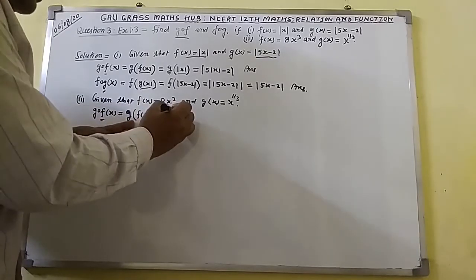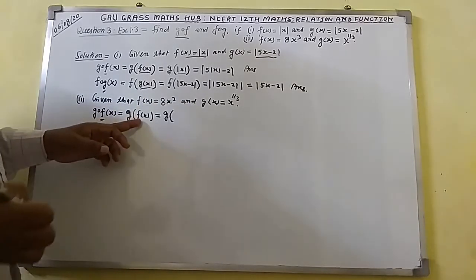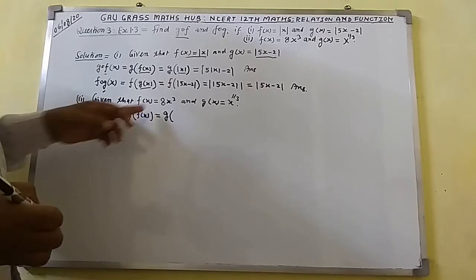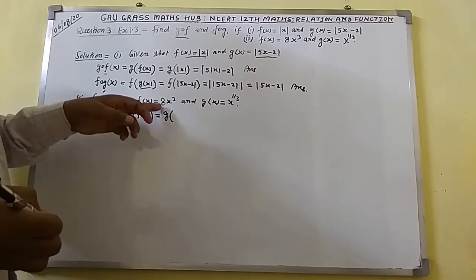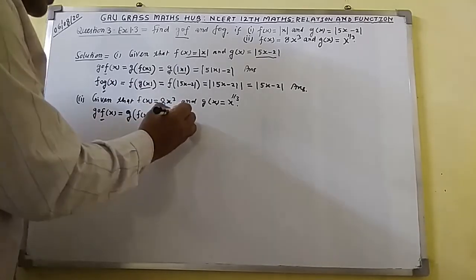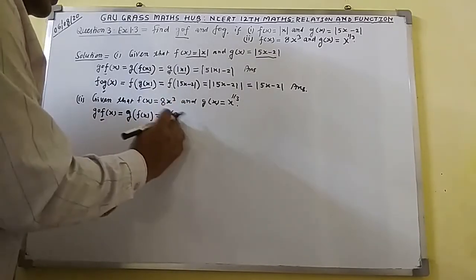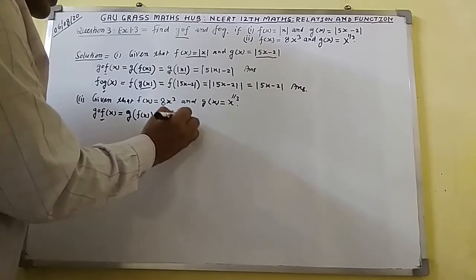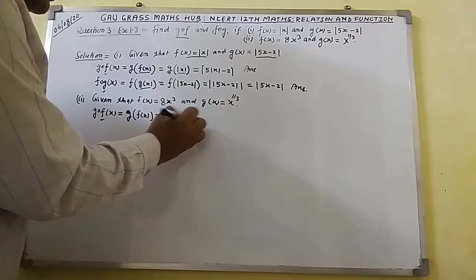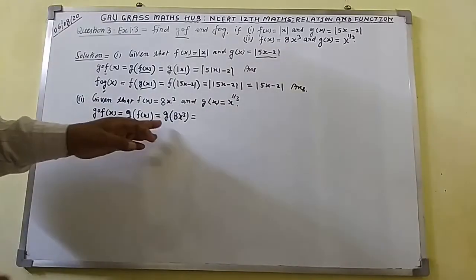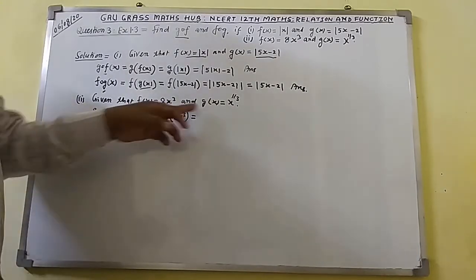So in open circle bracket, in place of f(x), write here 8x cube. So here I shall write 8x cube equal to. Here you can see g is there.